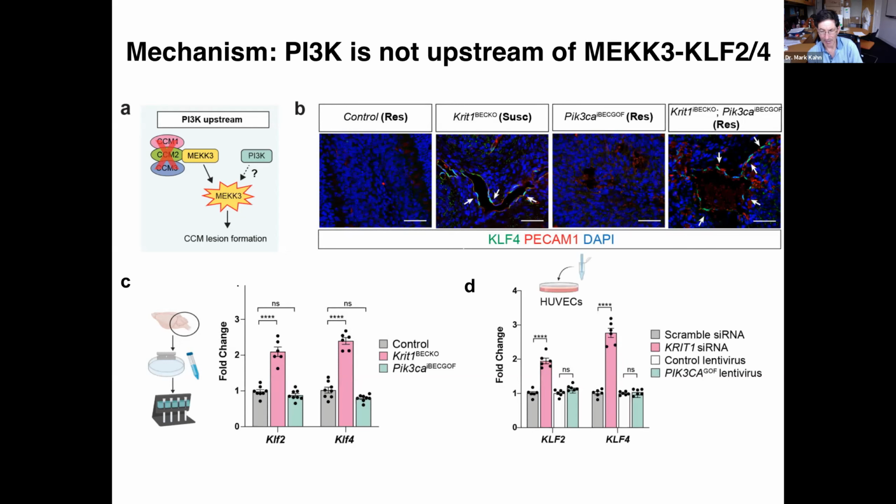And the same data can be reproduced entirely in vitro if one uses siRNAs to knock down CCM1 or lentiviral vectors to drive expression of the PIK3CA gain of function allele. So this was pretty convincing evidence to us that the mechanism was not PI3 kinase feeding into the MEKK3 KLF2/4 pathway that we'd already figured out was important for disease mechanism.